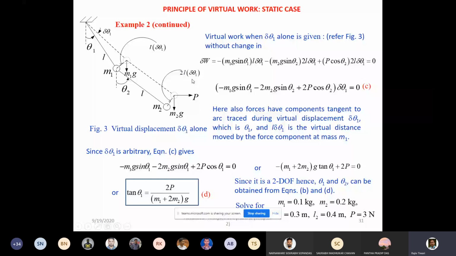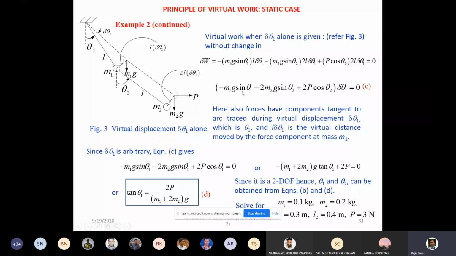So 2L delta theta 1 is common for both m2g and P. Now again we can take delta theta 1 out as common, because that is the virtual displacement we gave here. We are left with the bracket, and because this virtual displacement is arbitrary, it cannot be zero, so the terms within the bracket will be zero. That gives us a condition here also.